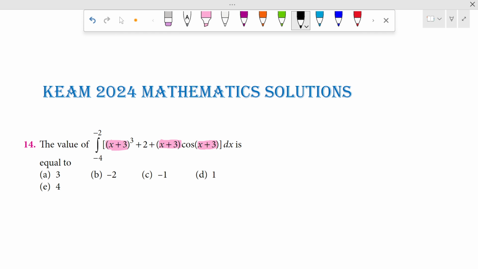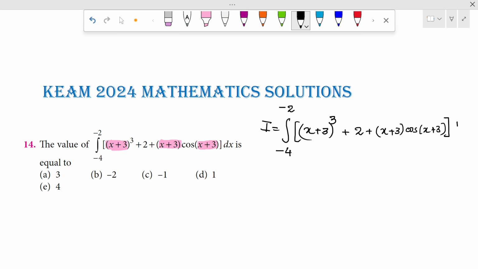So I write this integration as minus 4 to minus 2, x plus 3 whole cube plus 2 plus x plus 3 cos x plus 3 dx, right?